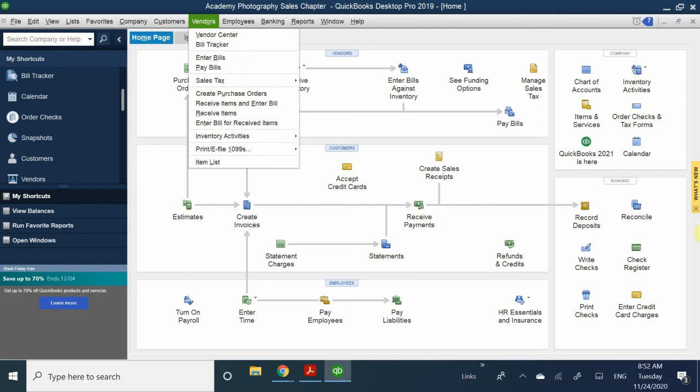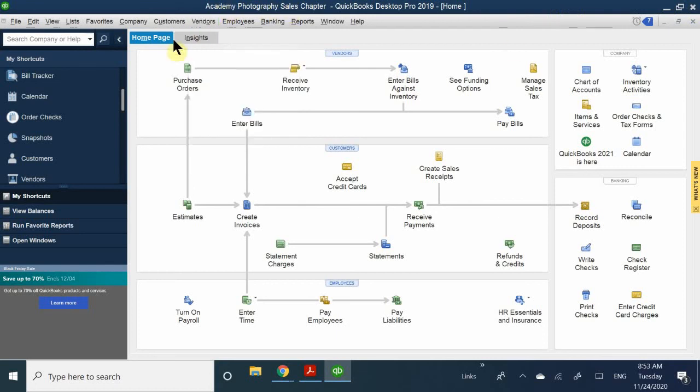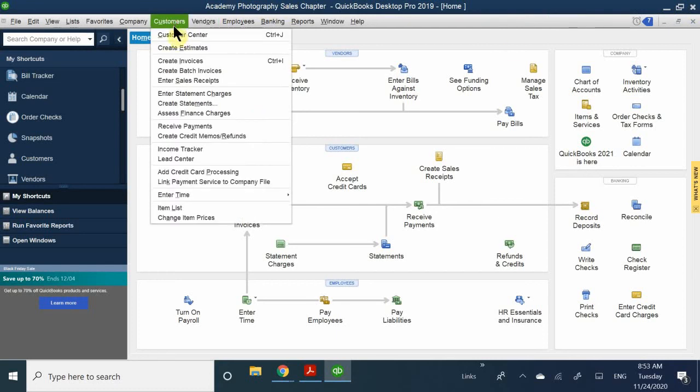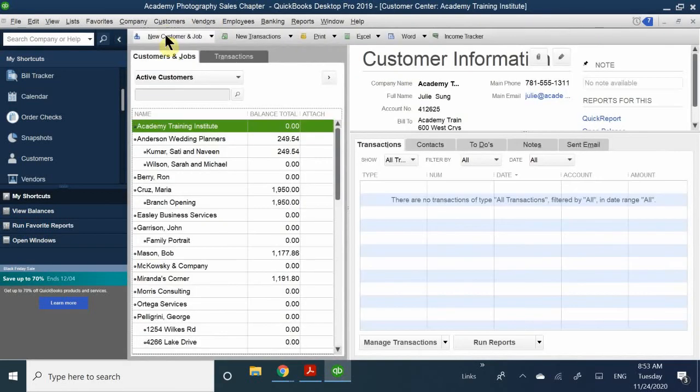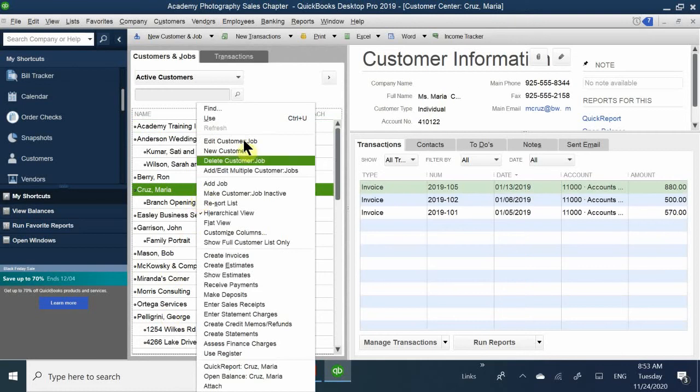So if we explore our options, if you go to customers, there is no new customer on there. There is the customer center. So if I go there, same thing, you either go up to the top and click new customer or job, and you add the customer. Once you're in the customer center, you could right click anywhere and be able to add a new customer.